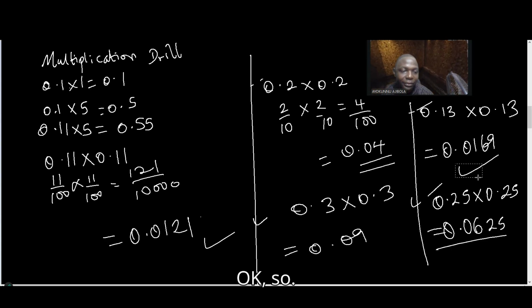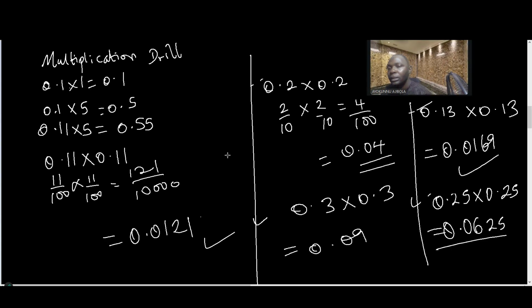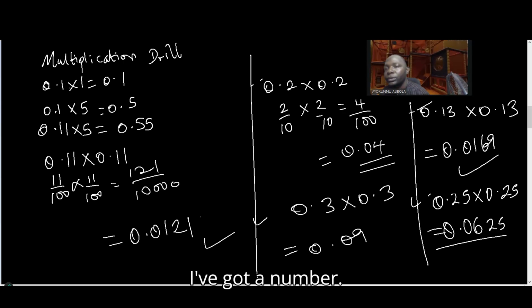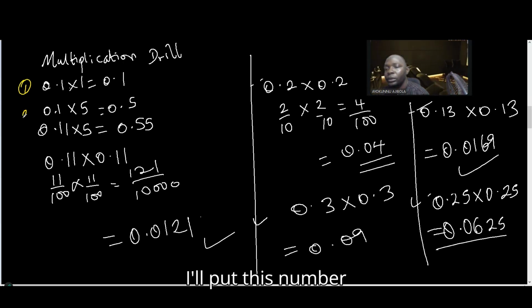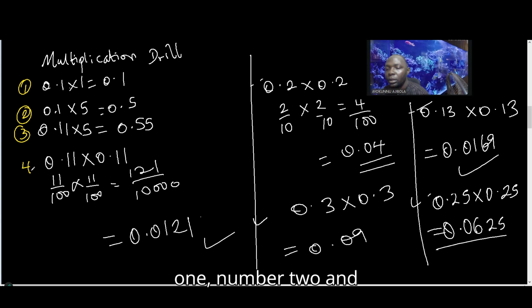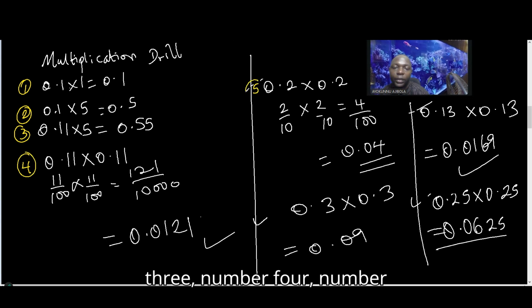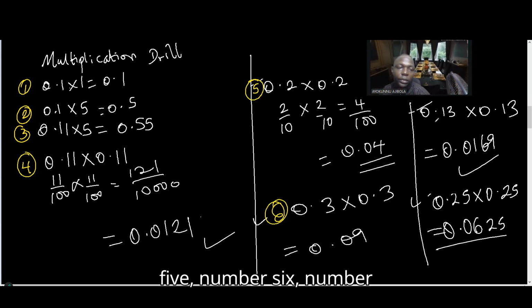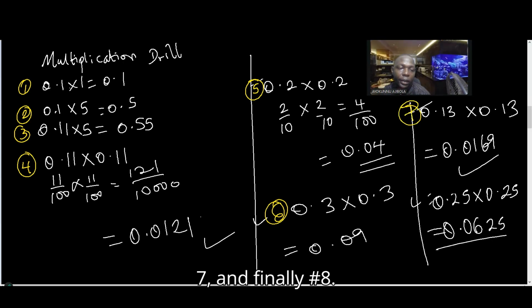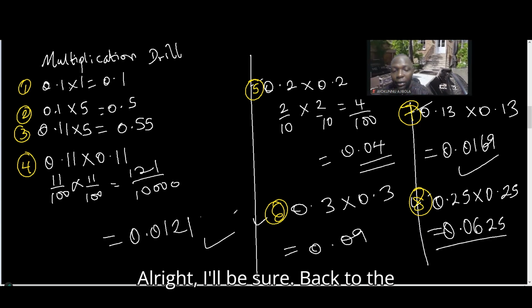So I'm going to number it. Number 1, number 2, number 3, number 4, number 5, number 6, number 7, and finally number 8. All right, that'll be it for now.